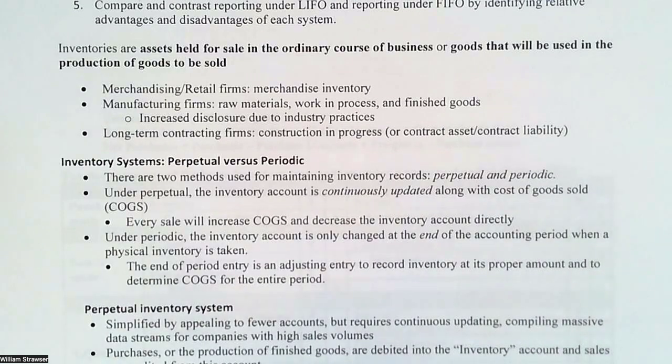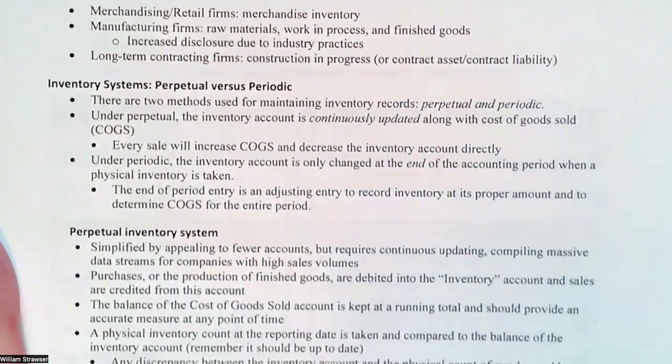That's still considered a current asset to a company who is doing long-term contracting because the definition of current assets is a year or an operating cycle, whichever is longer. And the operating cycle for industries that have to build or put together inventory over the course of more than a year is longer than a year. So that's the general idea of what inventory is according to GAAP.